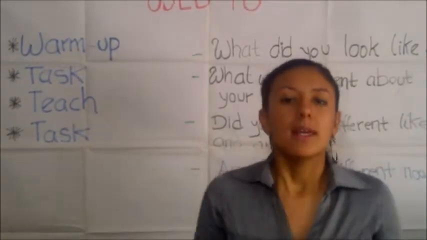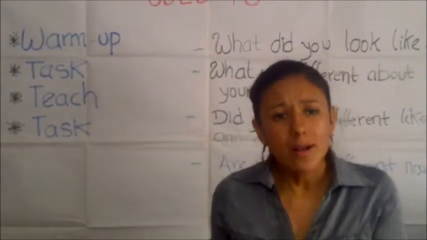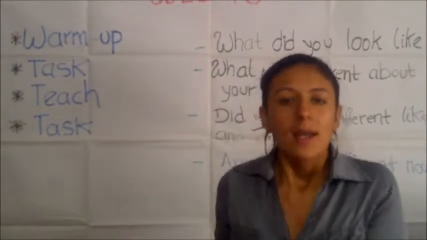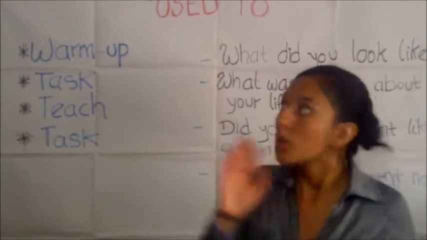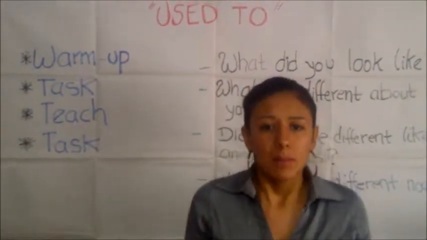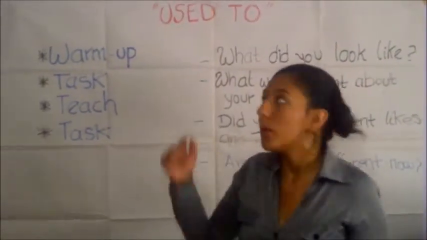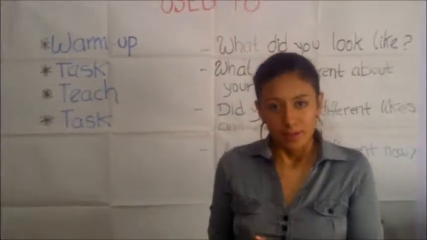The aim is to allow students to talk about how they were 10 years ago using the used to structure. And the objective is similar. It is to use the used to structure correctly.